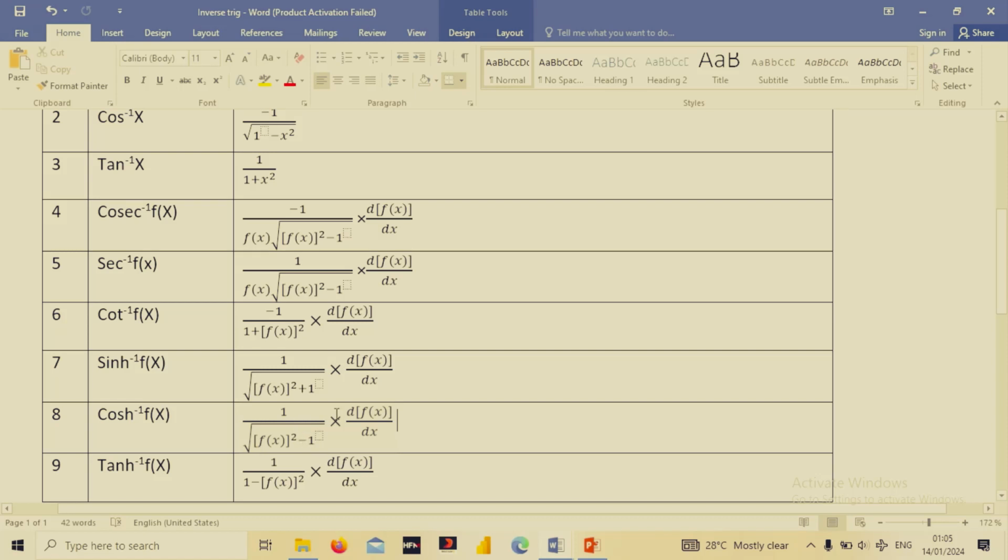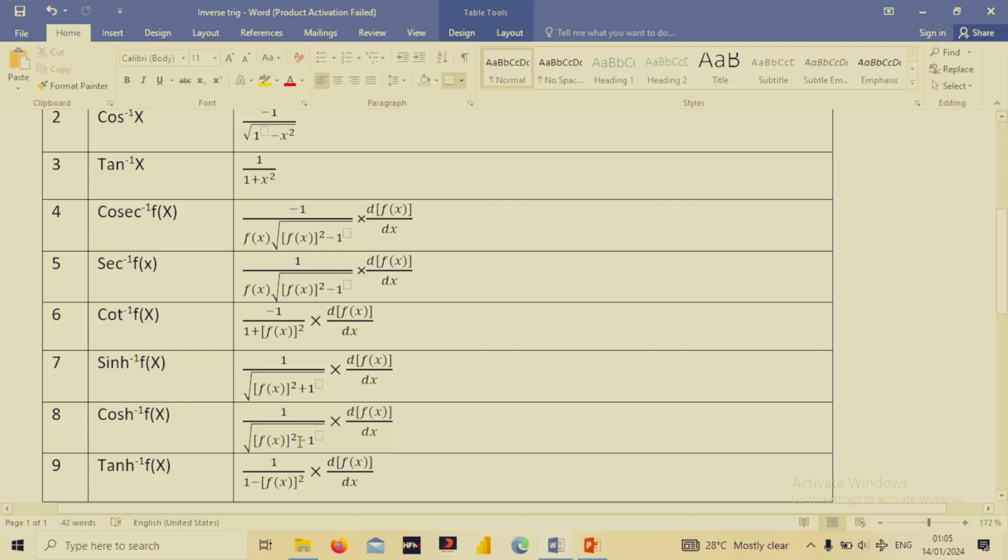I arranged this in such a way that it can be easier for you to memorize. The difference between sinh inverse of f of x and cosh inverse of f of x is that sinh inverse of f of x is having plus 1 in the root, while cosh inverse of f of x is having minus 1 in the root. I'm sure you understand that.